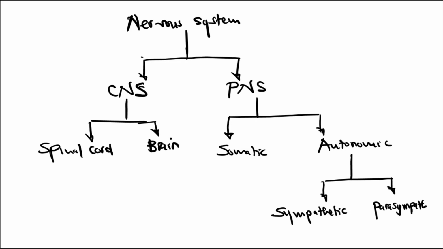So you have to know the breakdown of the nervous system like this, because they have a different set of cells and different sets of neurons that are found there.